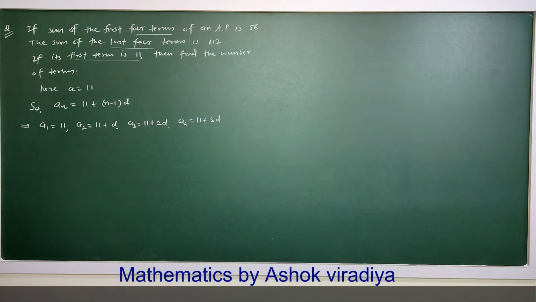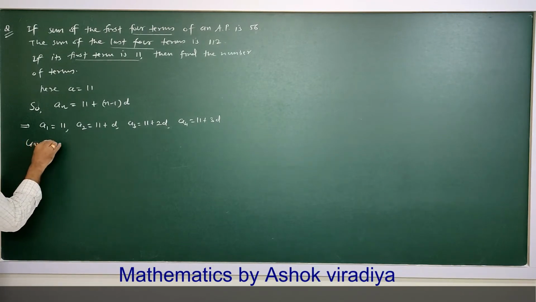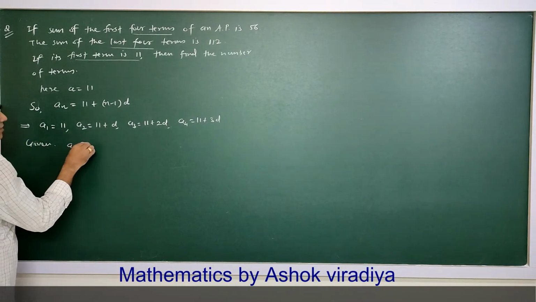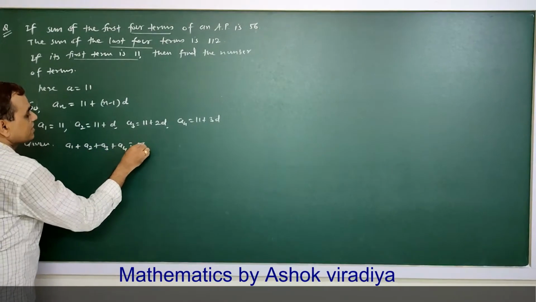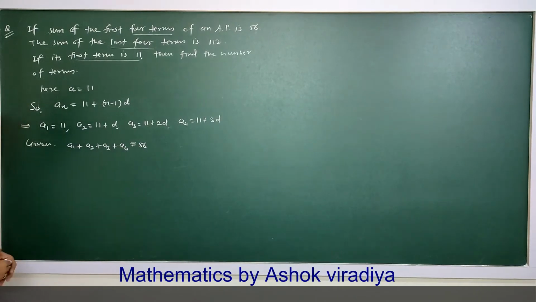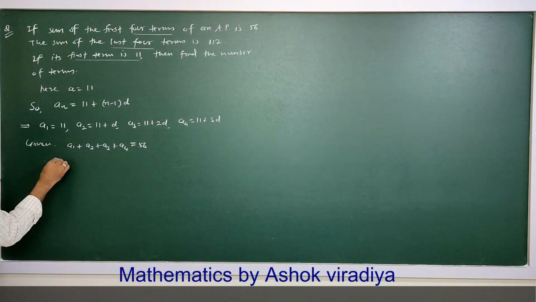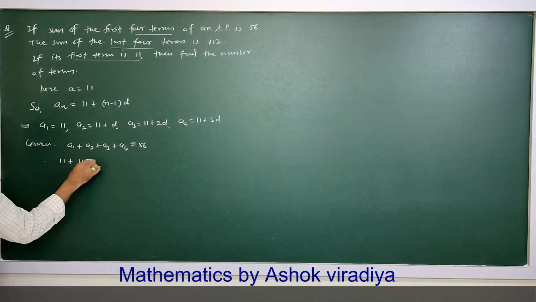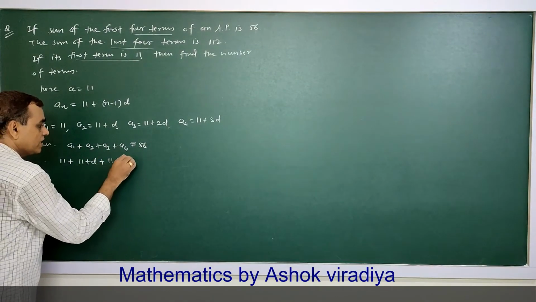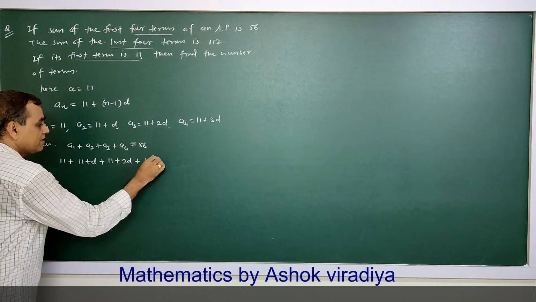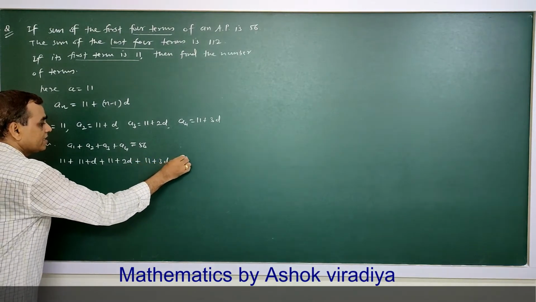These are the first 4 terms. So given that the sum of the first 4 terms is 56, therefore 11 plus d plus 11 plus 2d plus 11 plus 3d is 56.